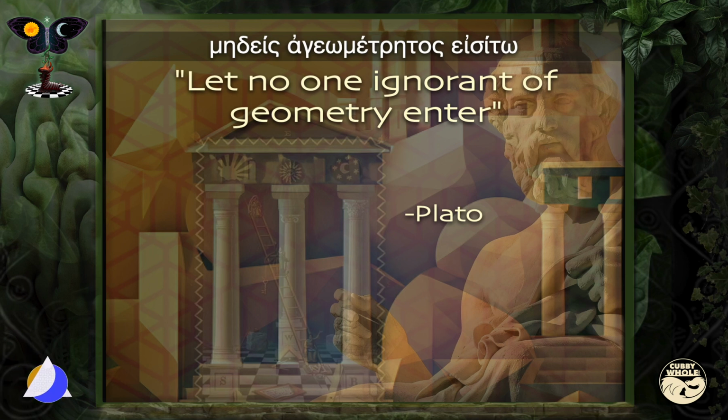Because if we truly read between the lines, this message is saying that anyone who willfully chooses to ignore the geometry or sacred geometry or symbols can't truly enter within the self without understanding the esoteric or the occult, okay? The inner and the hidden, okay?